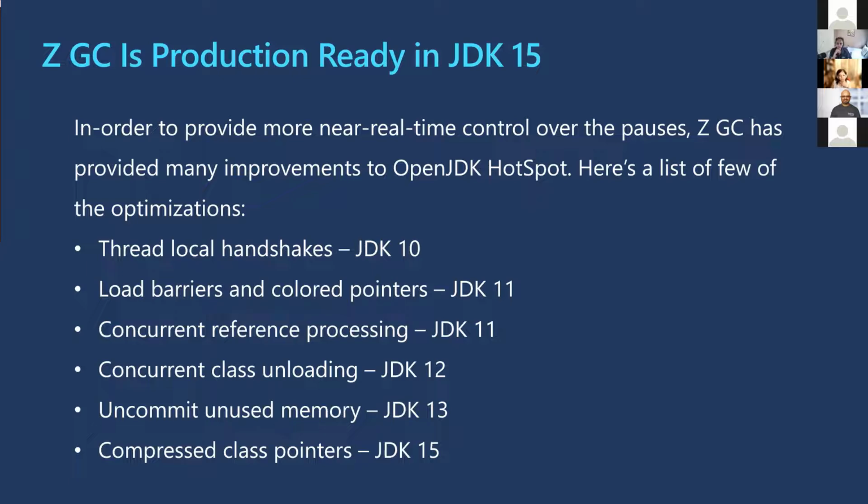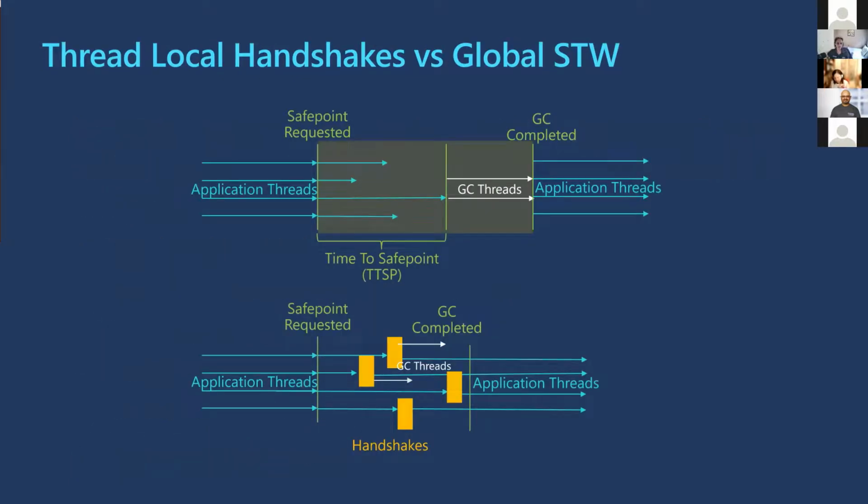Luckily, I have a little bit of a preview of what thread local handshake is all about here. Chandra, I was trying to explain this because I forgot that I had a slide here. This is where your safepoint is requested, and right here is what we call time to safepoint.